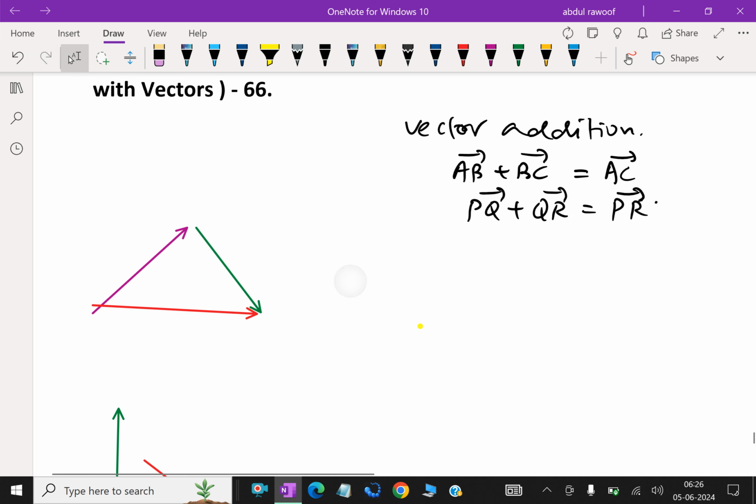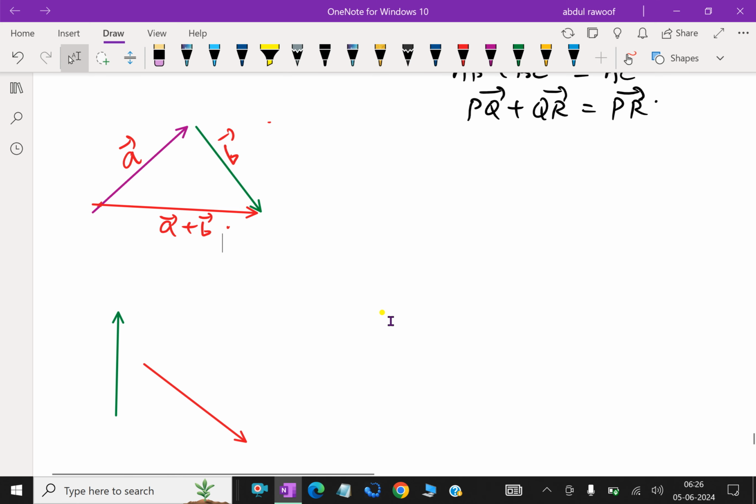Let this be vector A and this vector B. Then from here to here the vector is A plus B. Vector A plus vector B.